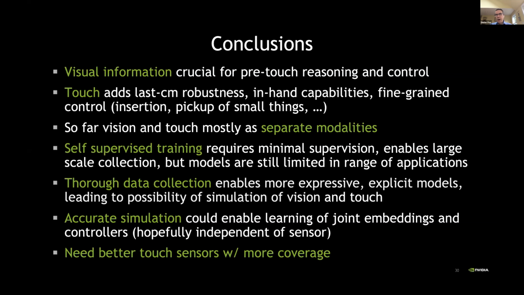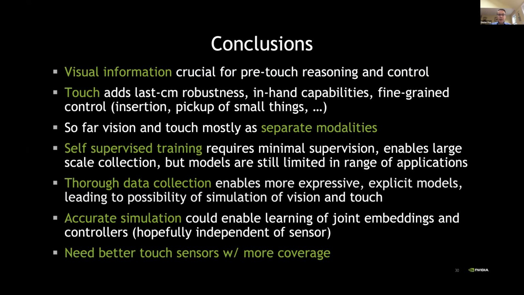The problem so far is that the models are not quite as general as some of the physics-based models that you can apply in many different settings, where self-supervised training so far has been applied to more limited tasks. But I think that is not a fundamental limitation, and I can imagine that with more data collection and more substantial experiments it can be expanded.